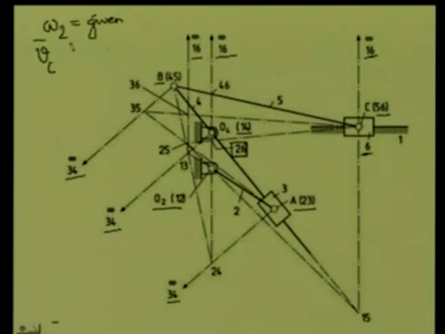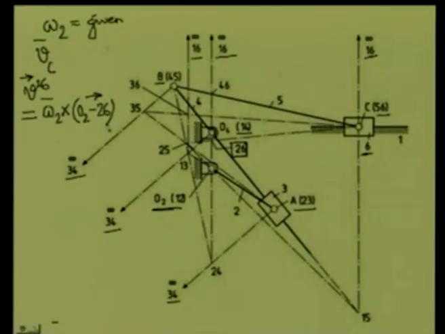Because omega 2 is prescribed, I can find out the velocity of this point 2 6. The velocity of the point 2 6, if I consider it to be a point on body 2, is omega 2 cross, body 2 is rotating about O2, that is here O2, up to the point 2 6, this vector.